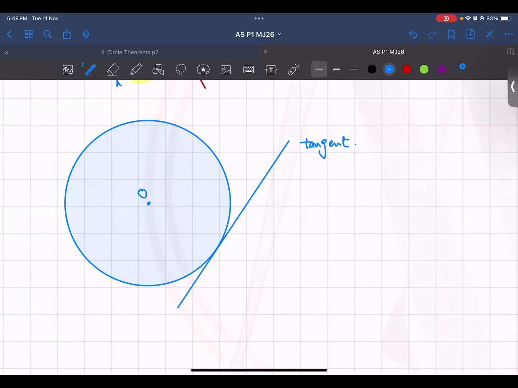Sanchi, do you remember any property? The tangent makes a 90-degree angle with the radius. Yes, with the radius.